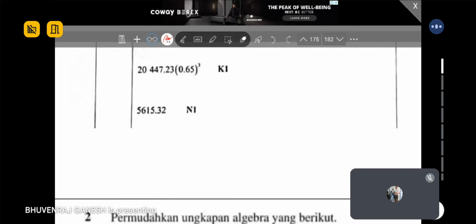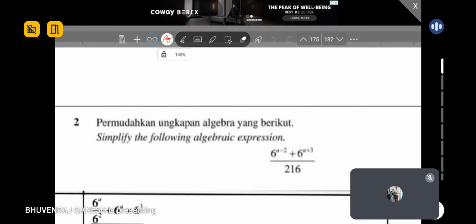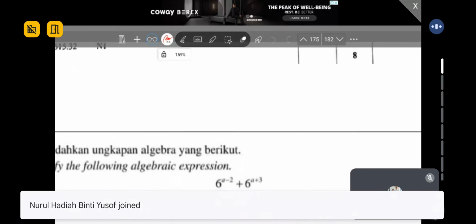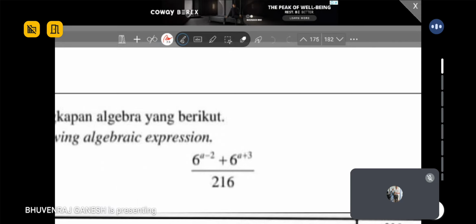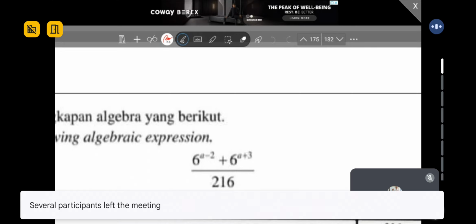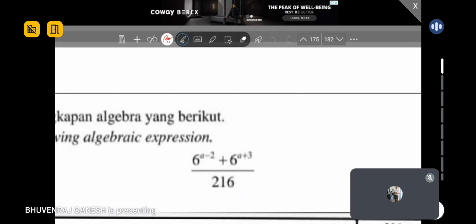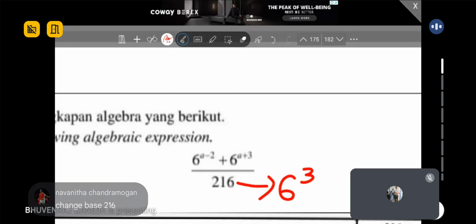Pergi lagi. We see more types of question. For this one, look simple, nampak mudah. They ask you to simplify. So how do we simplify this, guys? Anyone? Macam mana nak permudahkan yang ni? Try to think and see. Yes, very good. The bottom I can change to 6 power 3.